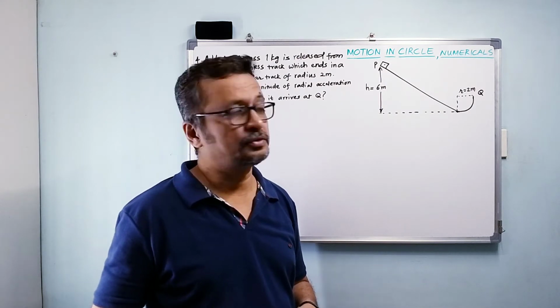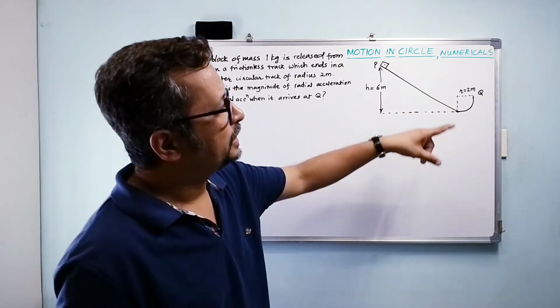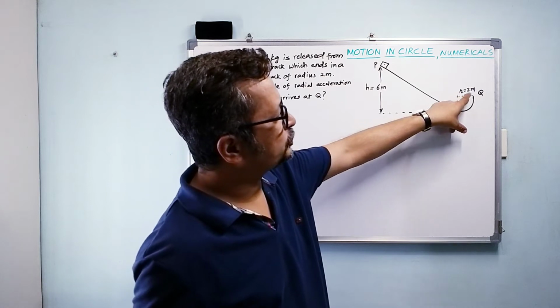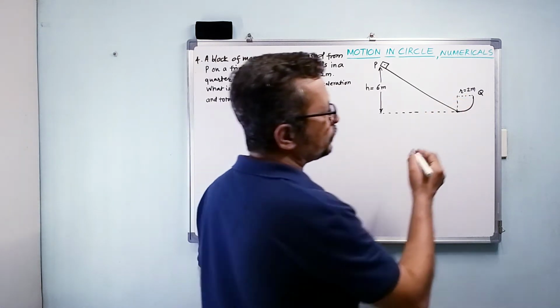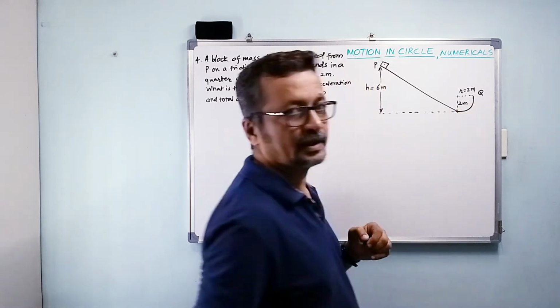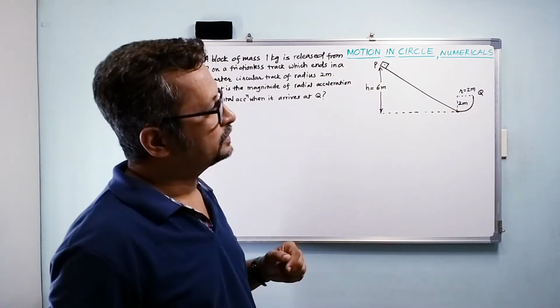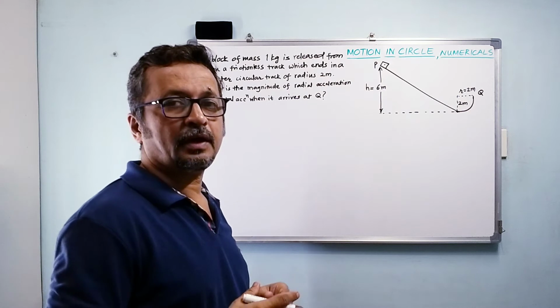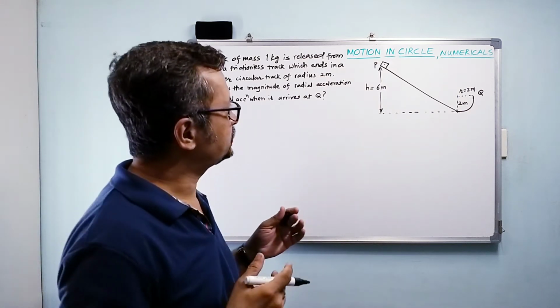We don't know. Do we know the potential energy over there? Yes, the radius is 2 meter and it is a quarter circular track, so even this is 2 meter. So how can we handle this problem?